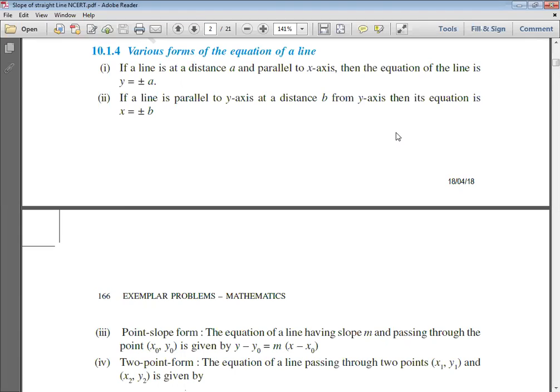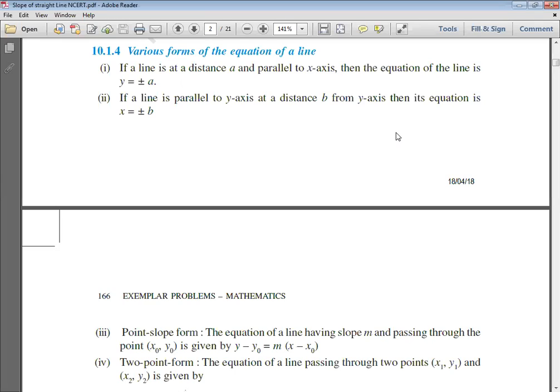Like to define the slope of a line, we need at least 2 points, or we need the inclination of the line with the positive direction of the x-axis. Similarly, to have the equation of a particular straight line, we must have some elements: sometimes the slope of the line along with a point, sometimes 2 points, and sometimes other conditions directly or indirectly.